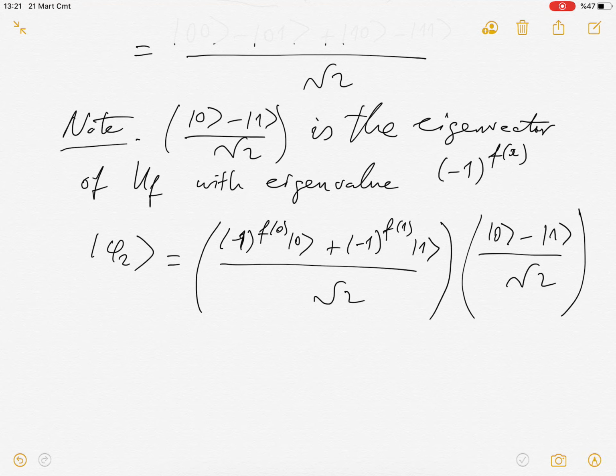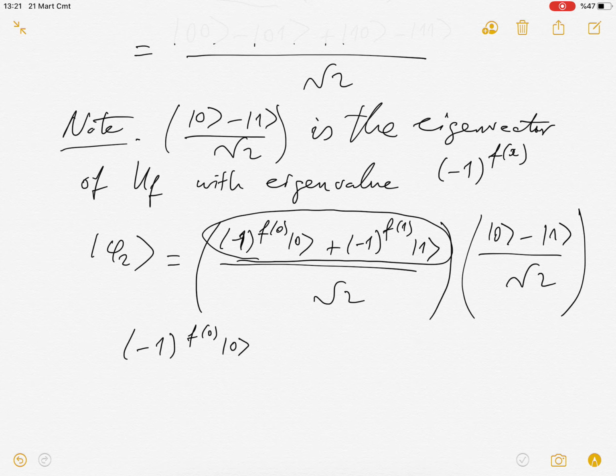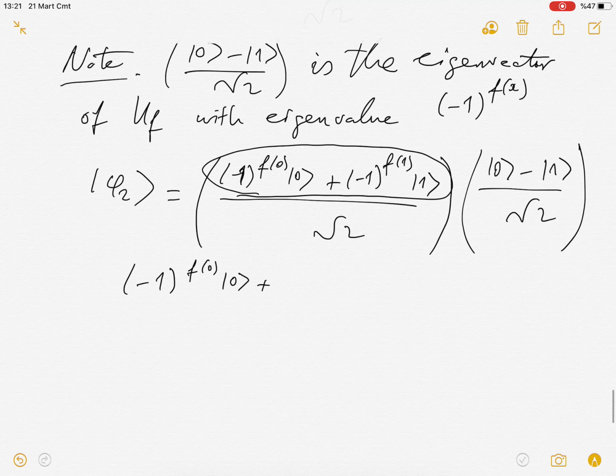All right. So let's now take a look at the numerator of the first qubit. Okay, this part. Let's look at this expression, and I'm ignoring the factor 1 over square root 2.